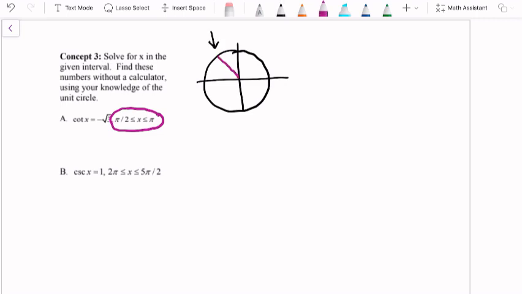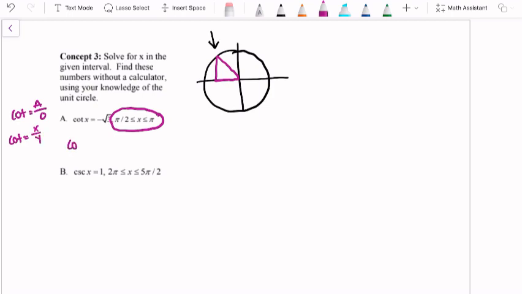So I'm going to draw in a triangle, and now we need to figure out how to label it. We're talking about cotangent, and we should know that cotangent is the reciprocal of tangent, so cotangent is adjacent over opposite. If we think in terms of x and y instead, I know that cotangent is equal to x over y.